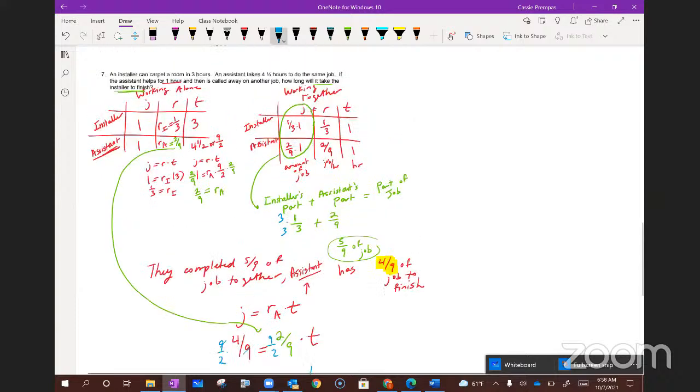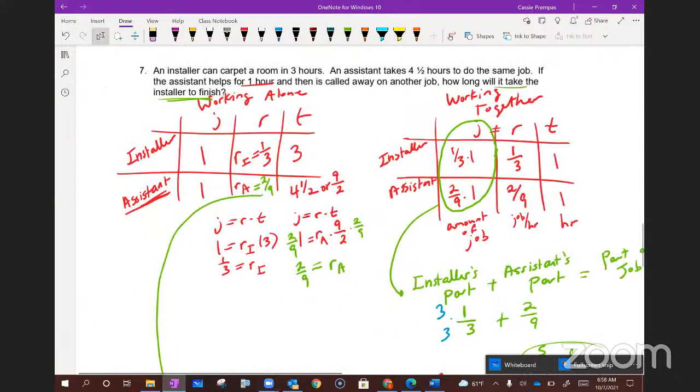And why am I pausing on this? The installer can do 1 job in 3 hours. The other one can do 1 job in 4.5 hours. 4.5 is the same as 9/2, which means job equals rate times time. So the rate is going to equal 1 divided by, oh goodness, I made a mistake right here.